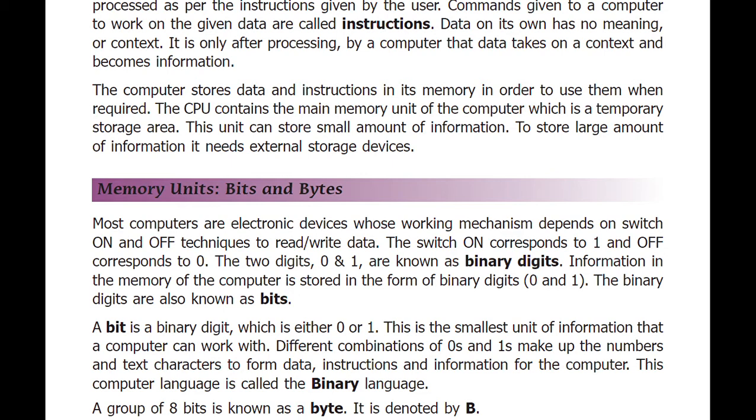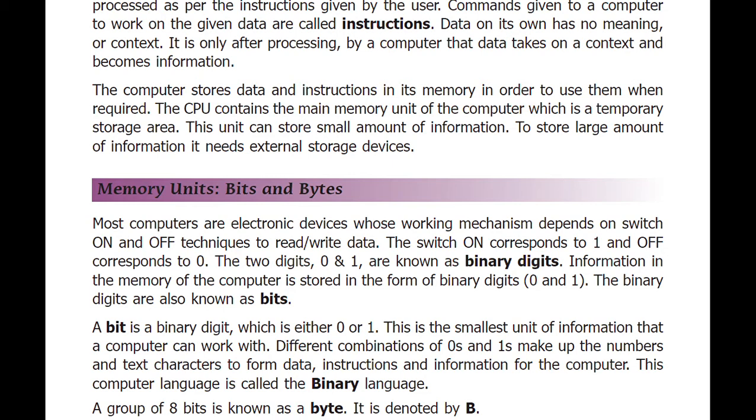This working mechanism depends on switch on and off techniques to read and write data. Switch on corresponds to 1, off to 0. So on means 1, off means 0.